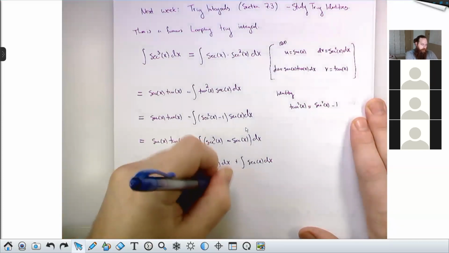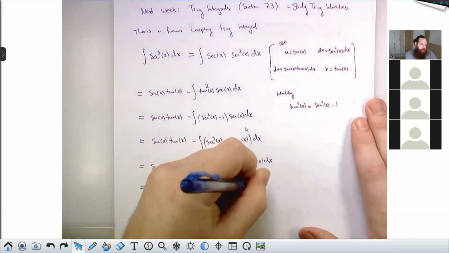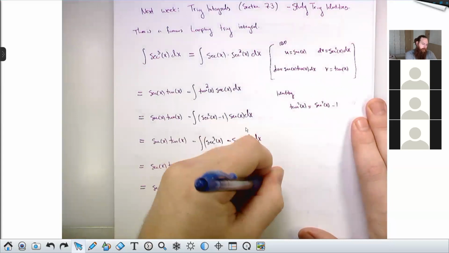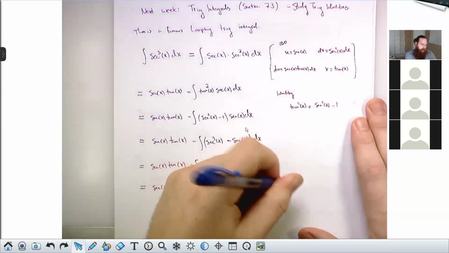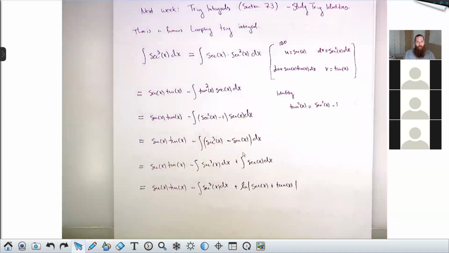The integral of secant is the natural log of secant plus tangent. And if you don't remember how to get this, I'll remind you next Monday. It's not terribly hard. It's a sneaky little trick and a u sub, but most people memorize this.